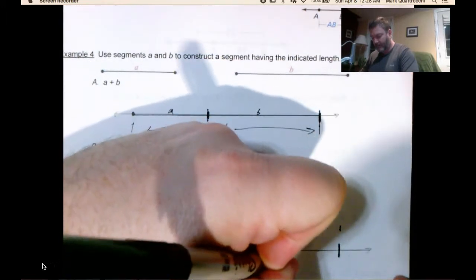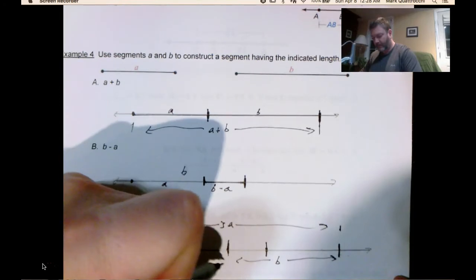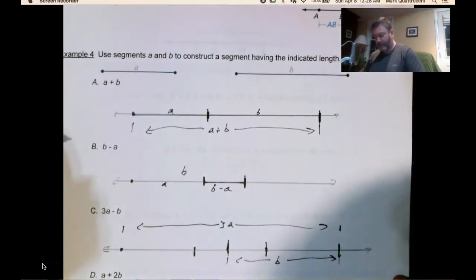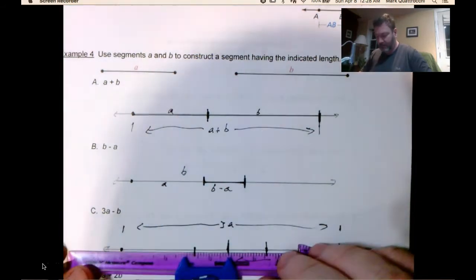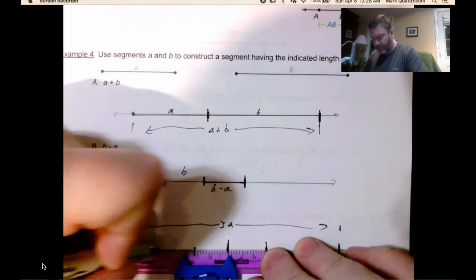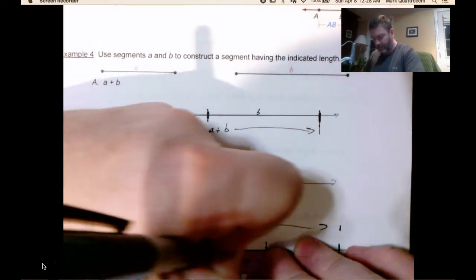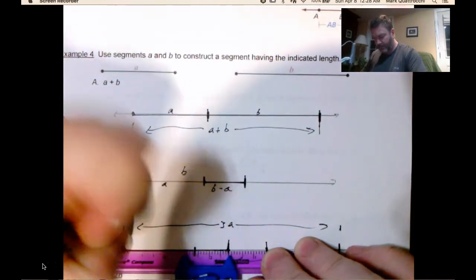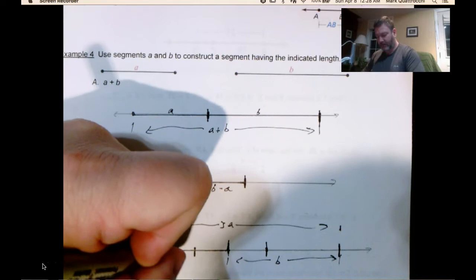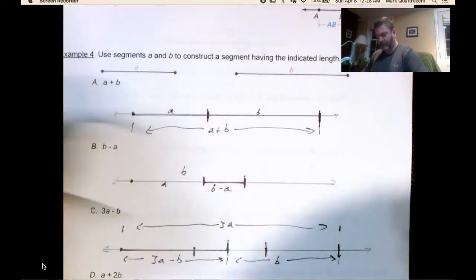This is B from here to here. So that means that this right here is 3A minus B. And that goes from here to here.